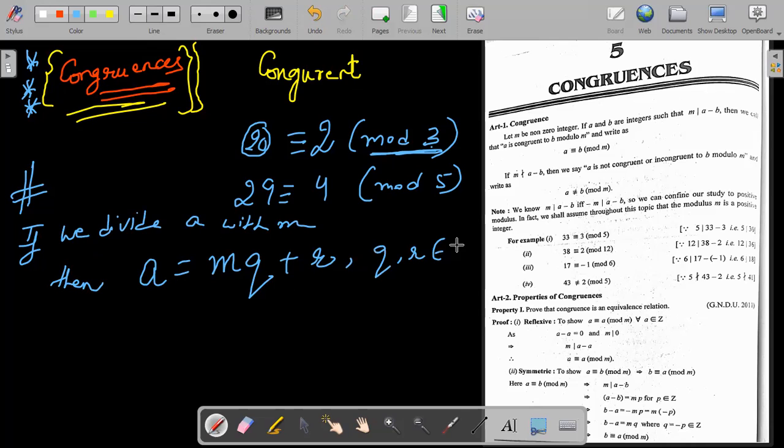These q and r belong to Z, and obviously this remainder is either equal to 0, or otherwise the remainder will be less than m.